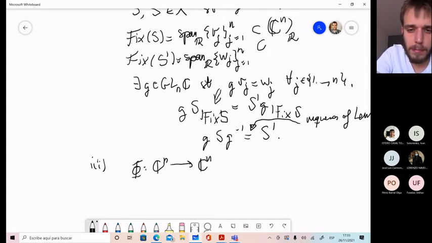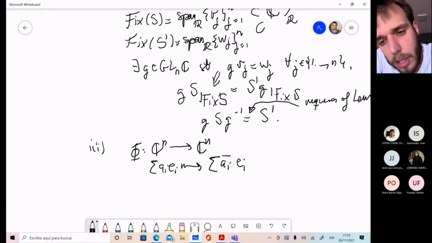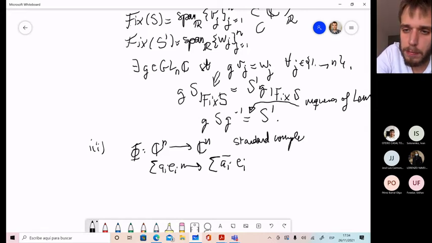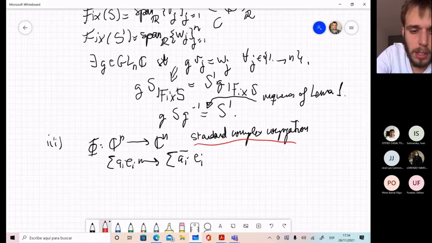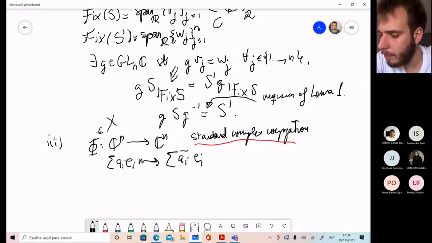You take C^n, you take a vector, and what you do is you complex conjugate the coefficients of the vector, okay? And this is called the standard complex conjugation. And of course, this is a real structure of C^n, so it belongs to X.